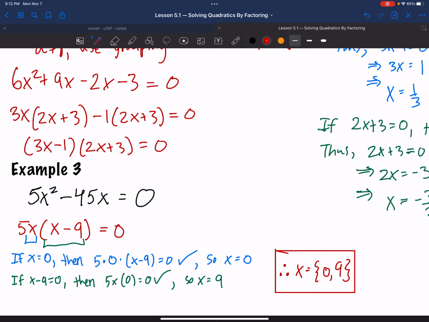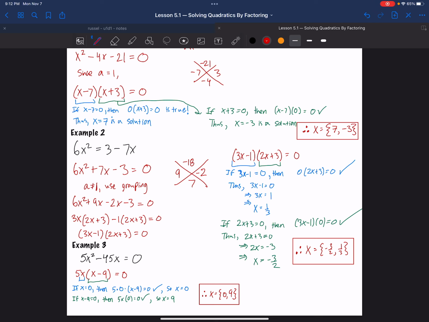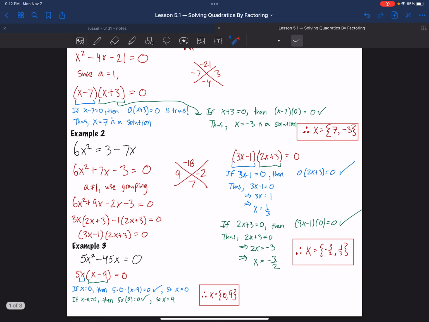Done. Now, what I'm writing here in the blue and green every time, I don't actually expect you to write a full sentence like that. I'm writing that so you can really see it visually and have it in your notes for reference, okay? You can just jump to these. I mean, honestly, if your work shows this and then factored form, and then you give me the answer, that's fine, okay?